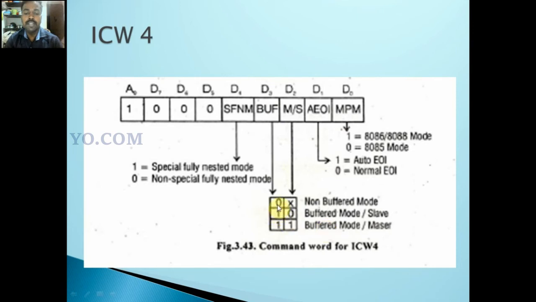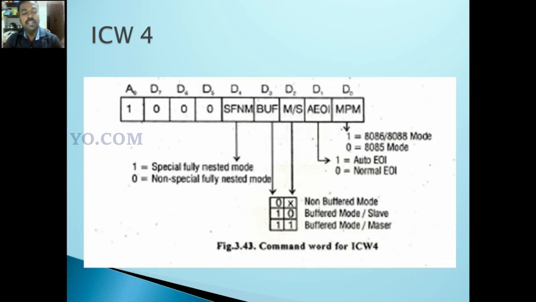Then OCW2. Here A0 is also 1. D4 D3 equal to 00 is interpreted as OCW2. R means rotate, SL means select level, EOI means end of interrupt.